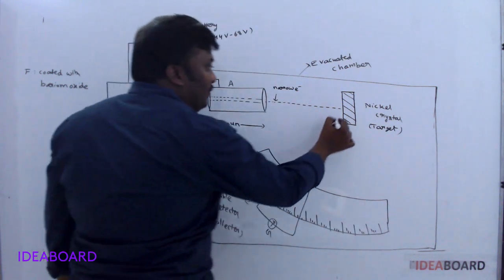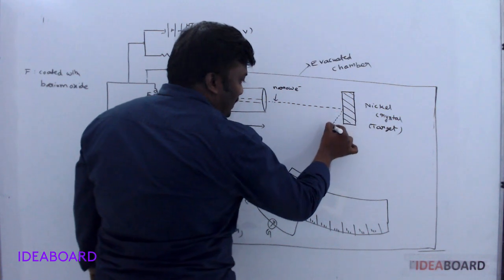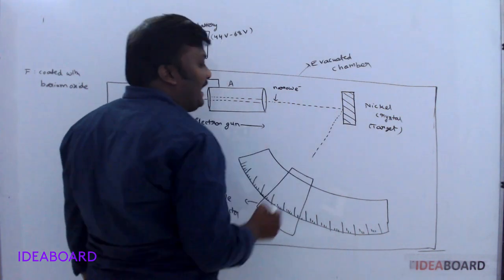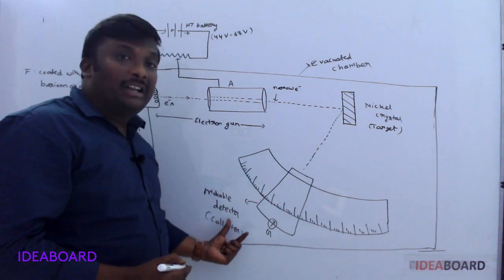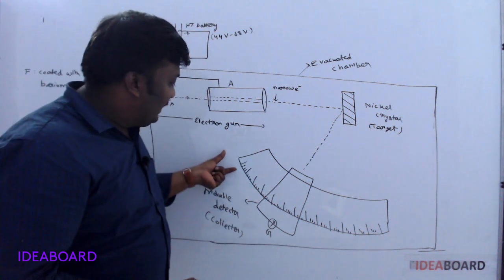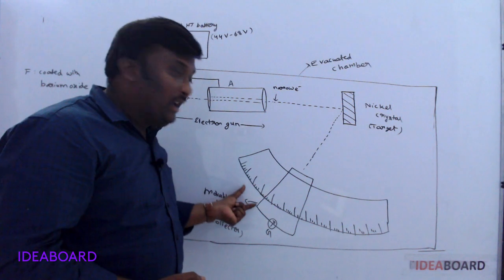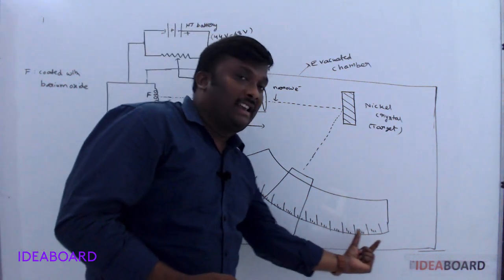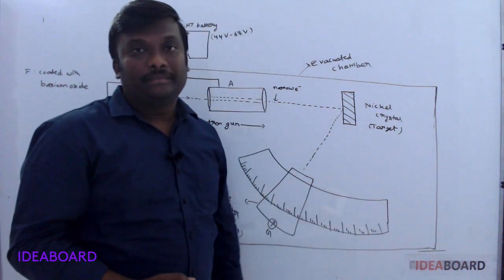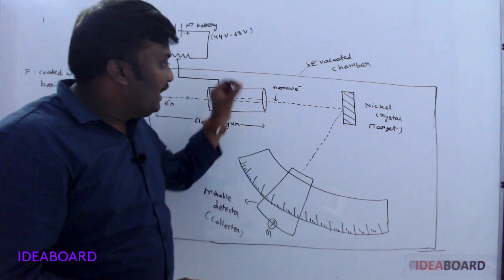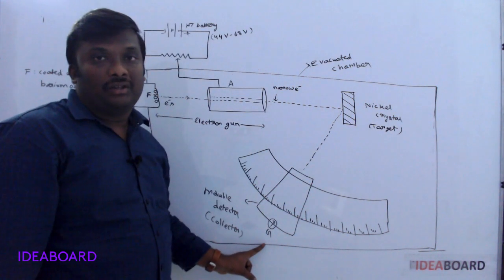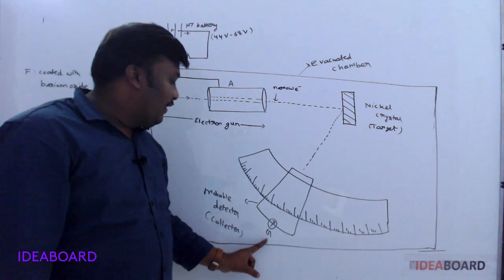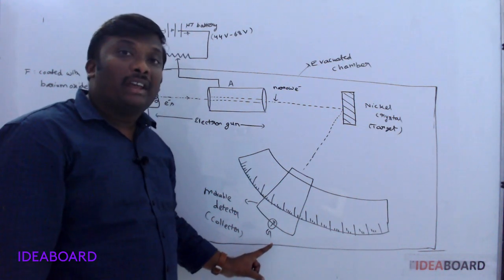Now some electrons are scattered in this direction, and here we have the mobile detector. This mobile detector moves on the circular scale at different angles. Every time the galvanometer shows a deflection. Why?